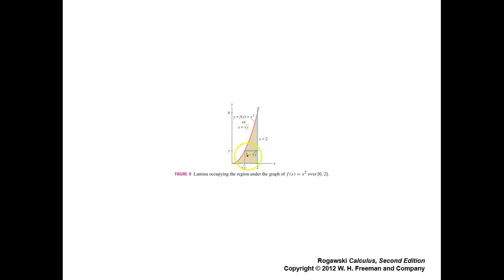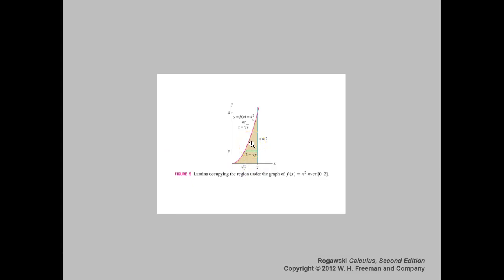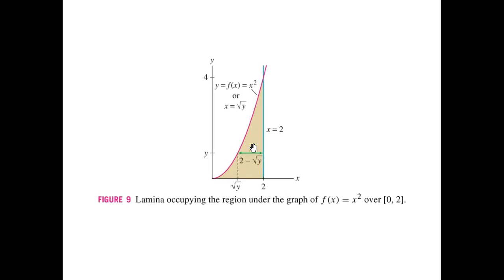So here's your picture. They haven't written it on here, but we're assuming uniform density, whatever it is. So here's your function, y is equal to f of x, which is x squared.